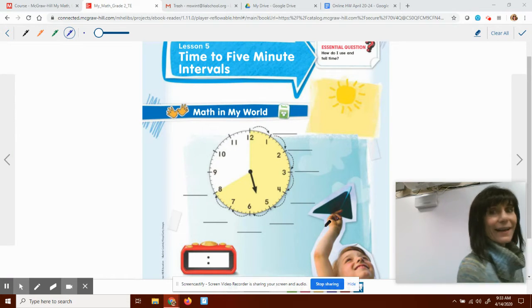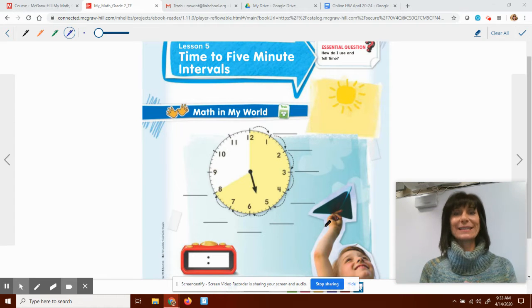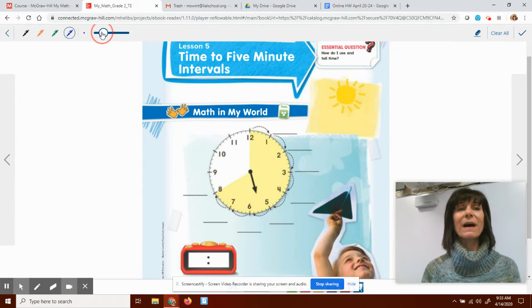All right. Enough jokes today. So let's get started with our math. The first thing we're going to see on 619 is our analog clock. They want us to identify how many minutes past the hour each number represents. We're talking about 5-minute intervals. If I get to the 1, I have gone 1, 2, 3, 4, 5 minutes.